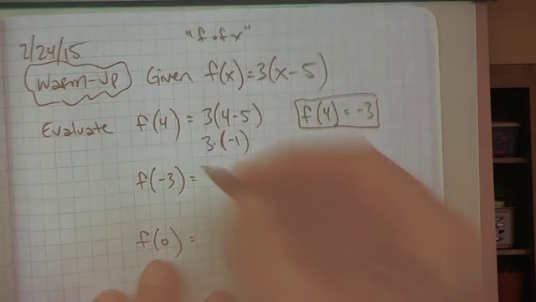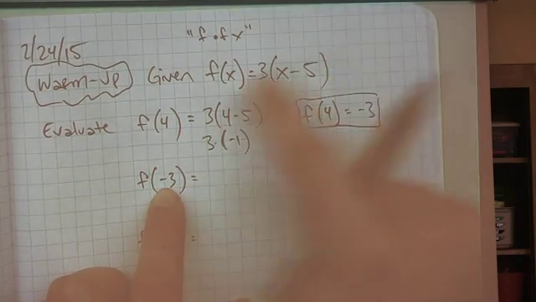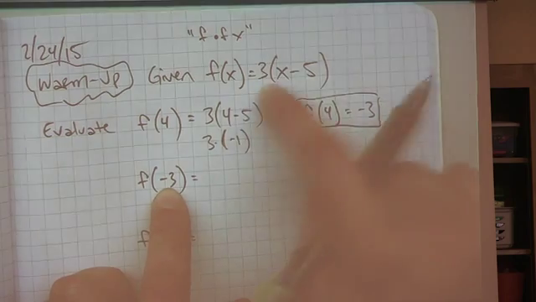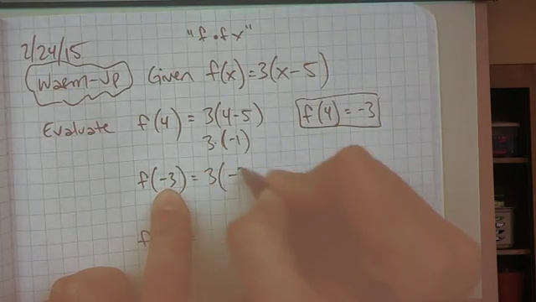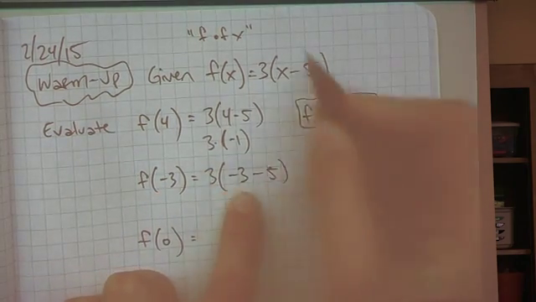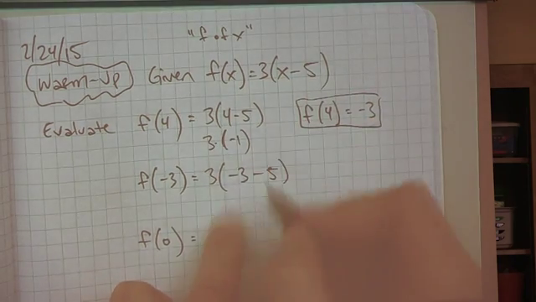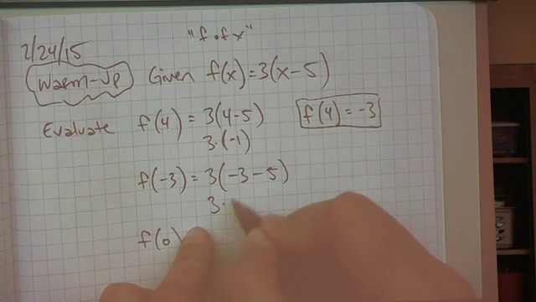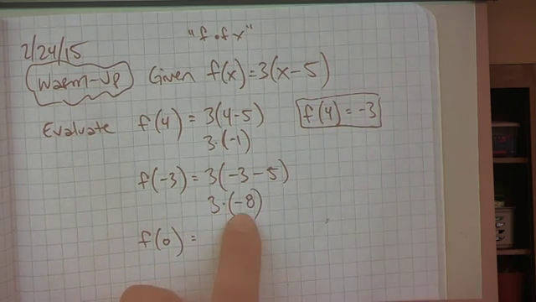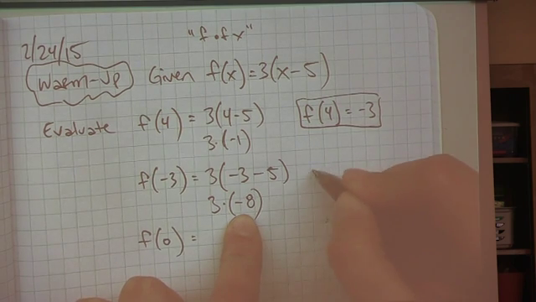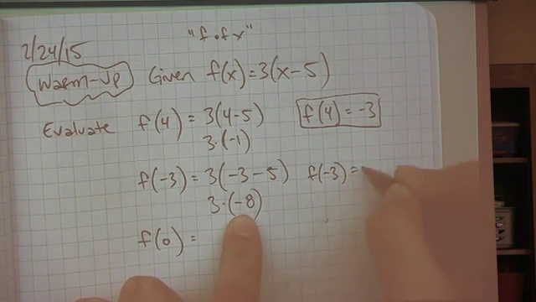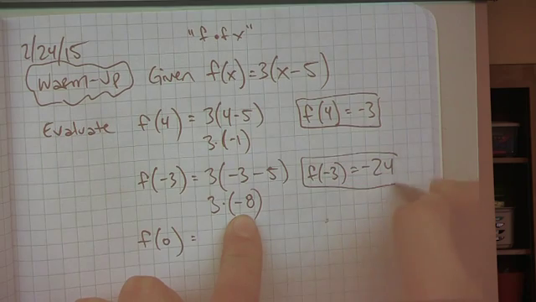And if we do that for each of them, back to the original equation, I'm plugging in -3 for x. The rest of it stays the same. There's still a 3 in front, still -5. But when I plug in -3, I get 3 times -8, which is negative 24.